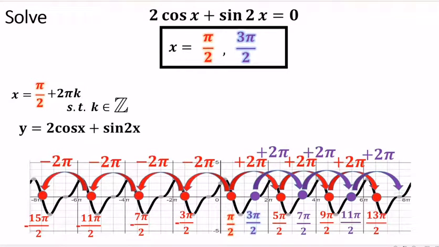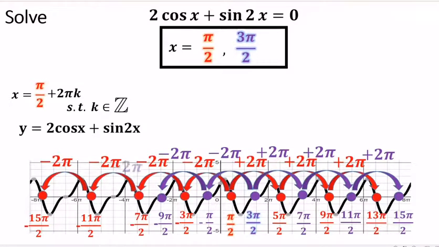If we go back to 3 pi over 2, we could subtract 2 pi as many times as we wanted and continue to get even more x-intercepts. Every x-intercept is a solution to the equation.